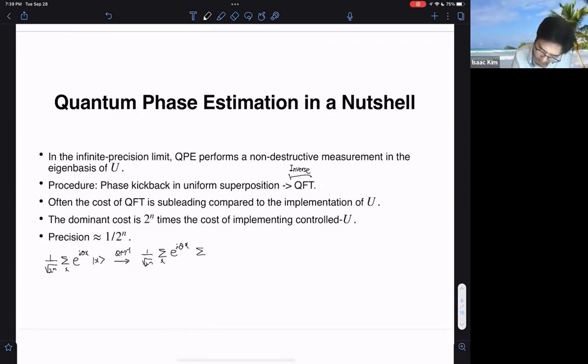Okay, and the normalization factor is 1 over square root of n. And there's a minus sign because it's the inverse. Okay, so that's what you get. And if you sum over everything, if you just rearrange by changing the order of the sum, which is definitely possible because it's a finite sum.